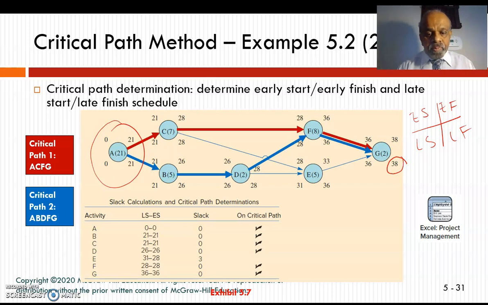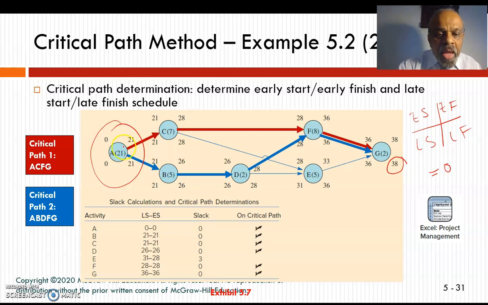Okay? How do I find the critical path? The critical path is found if I take the early start minus the late start, or the early finish minus the late finish. If that is equal to 0, I'm going to take that as a critical path.